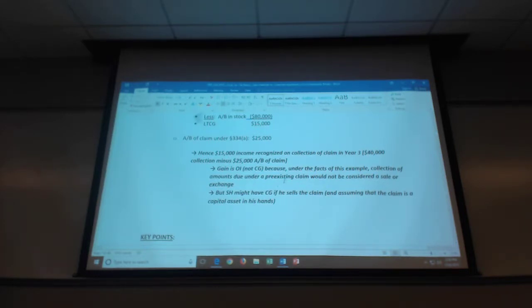In our example, it was a claim against a third party, and if the ultimate amount collected on that claim is greater than the basis of the claim, that's going to be ordinary income, not capital gain, because it's not a sale or exchange.